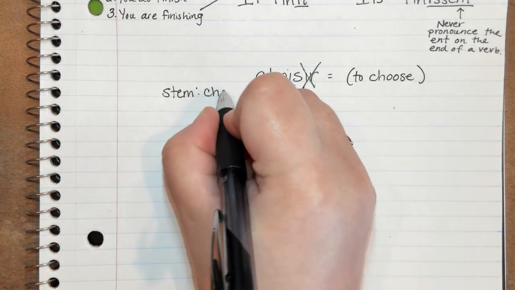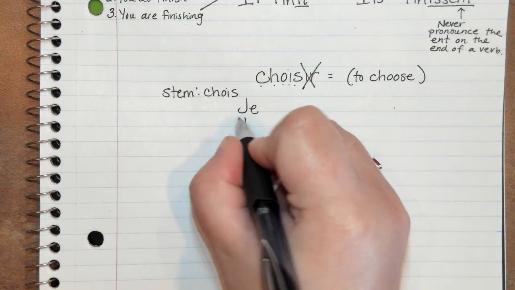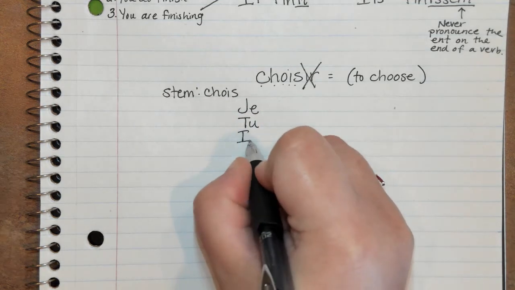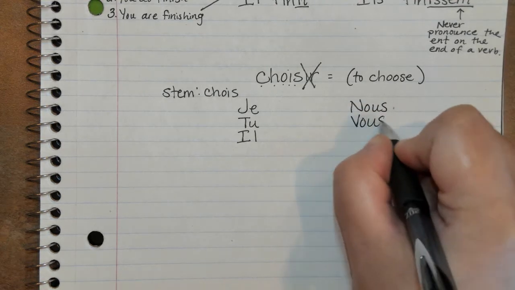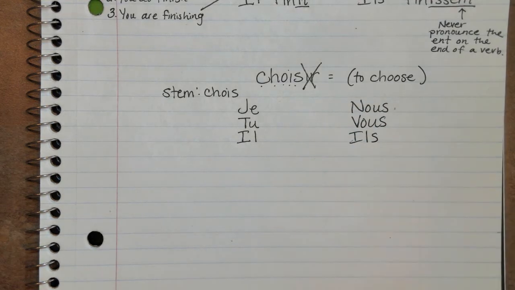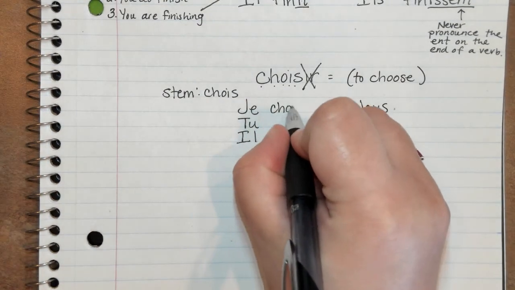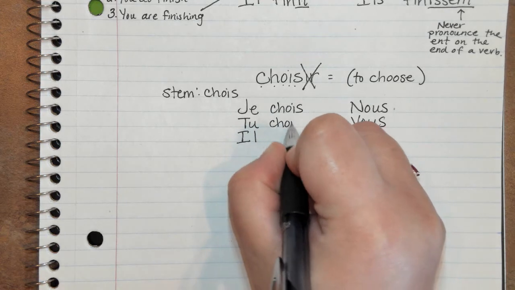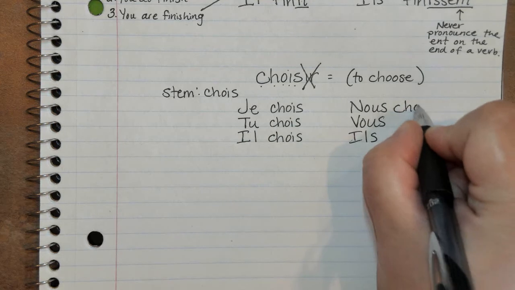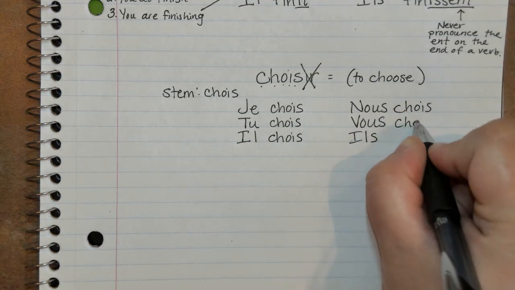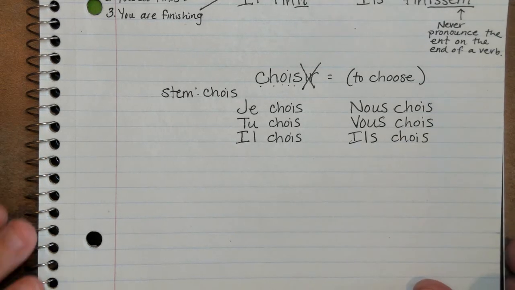So our stem is CHOIS. I'm going to set up my subject pronouns. Okay, so my stem is the same for all of them, so CHOIS, CHOIS, CHOIS, CHOIS, CHOIS, CHOIS.